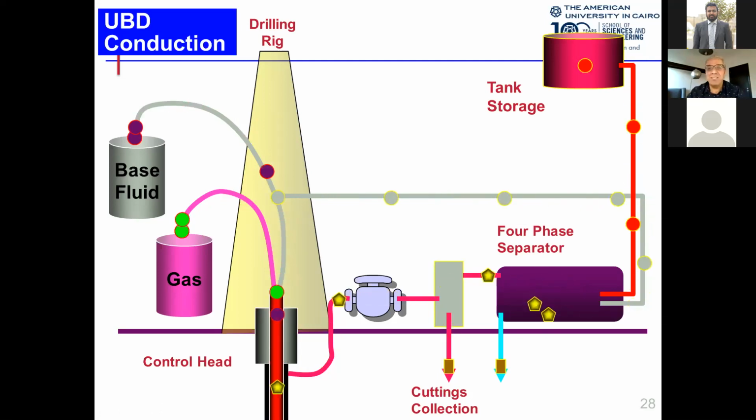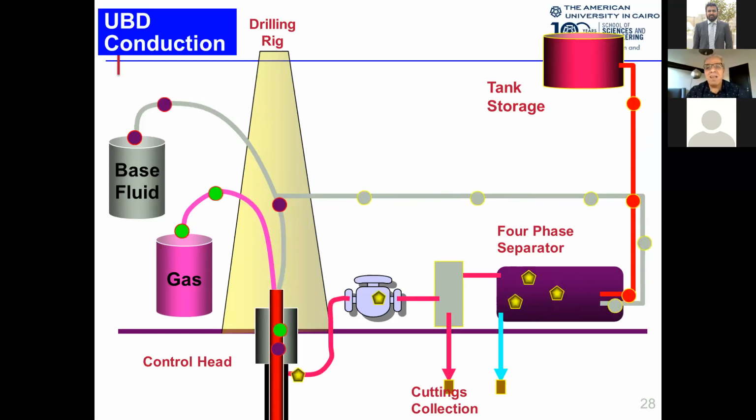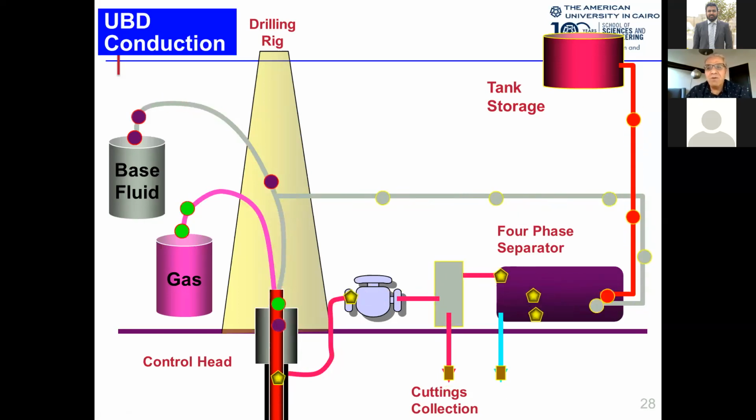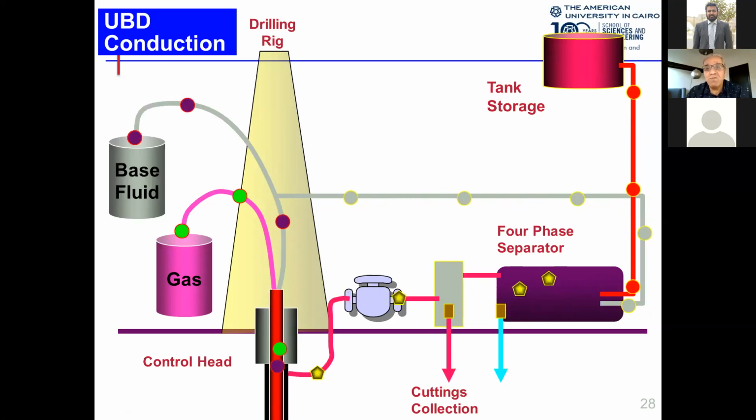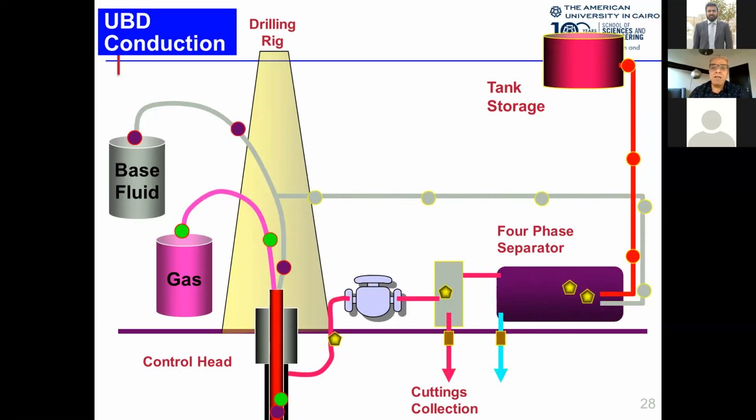And imagine if the well is a wildcat well, so we don't have proper surface facilities, but they have to be provided if we drill underbalanced. This puts an extra cost on the operator to pay surface companies to drill the well underbalanced. Now we have everything back: cuttings, water, oil, and gas.